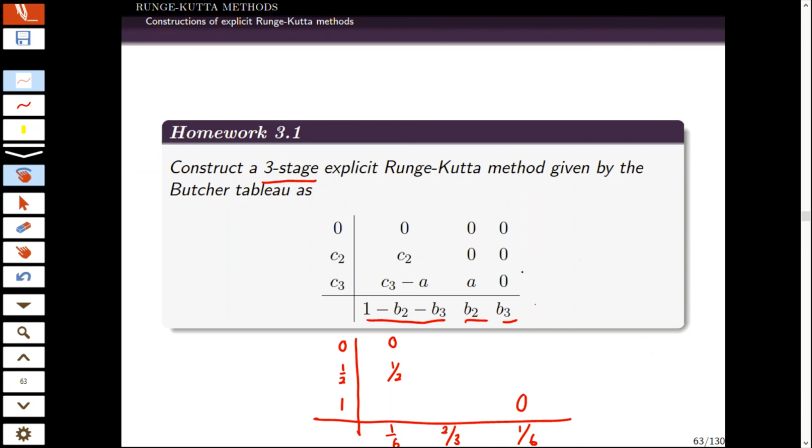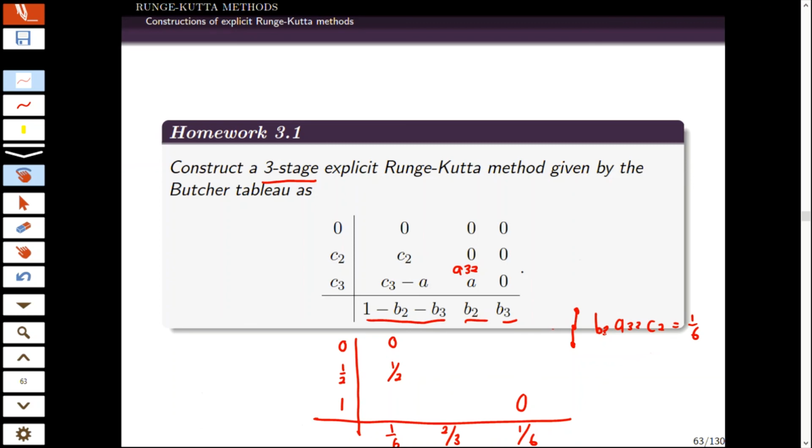We know the last tall tree condition here is given by B3 A32 C2 equals 1/6. Now this is my A32, right?